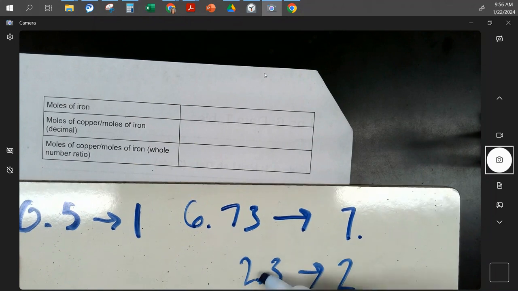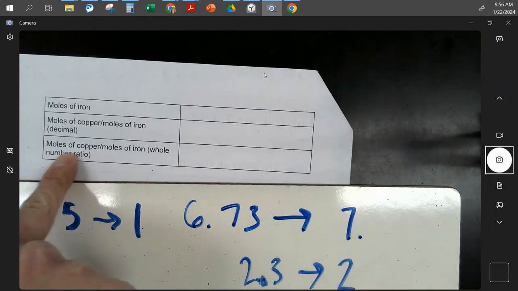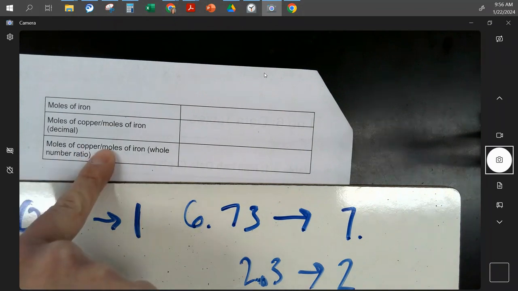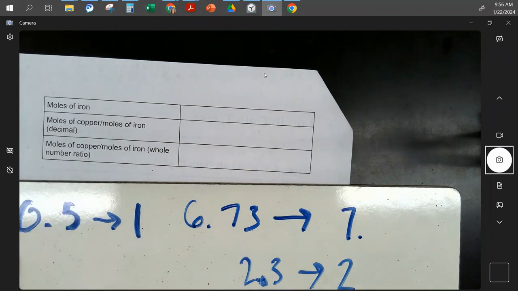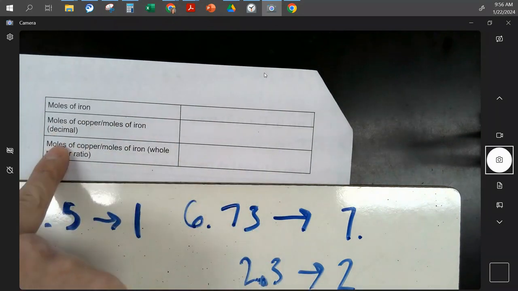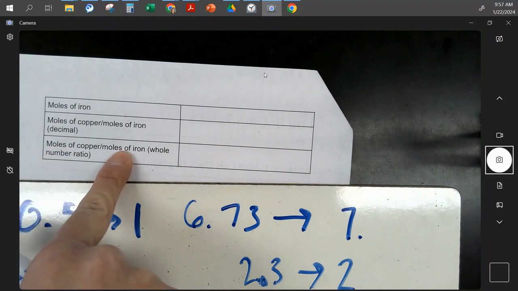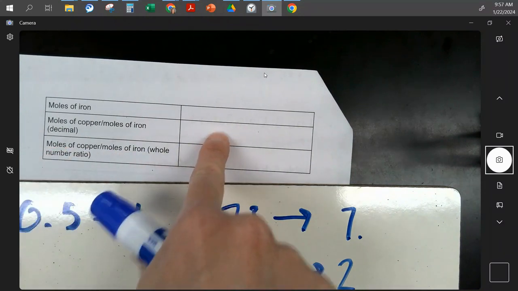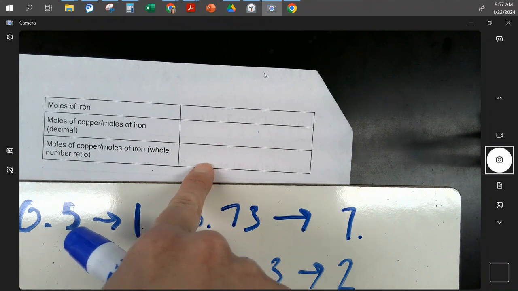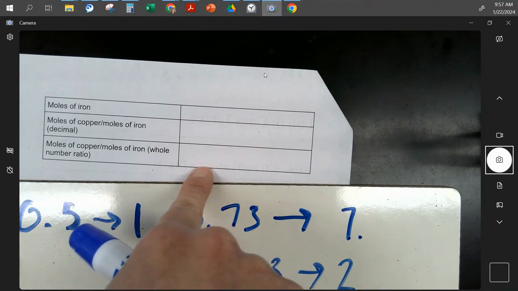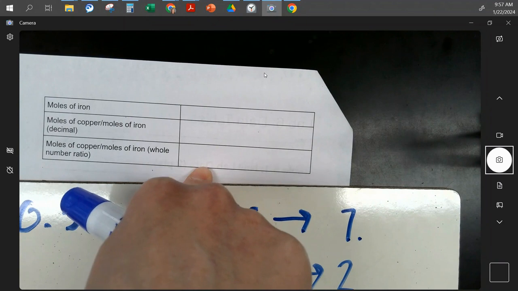Okay, so this value, you're going to flip it. Moles of copper. Oh, it's the same number. Why did I think of flip it? Don't flip it. Sorry, my bad. Moles of copper divided by moles of iron. This is your decimal. Take this number and truncate it. This one you do not keep sig figs. I want the nearest whole number.